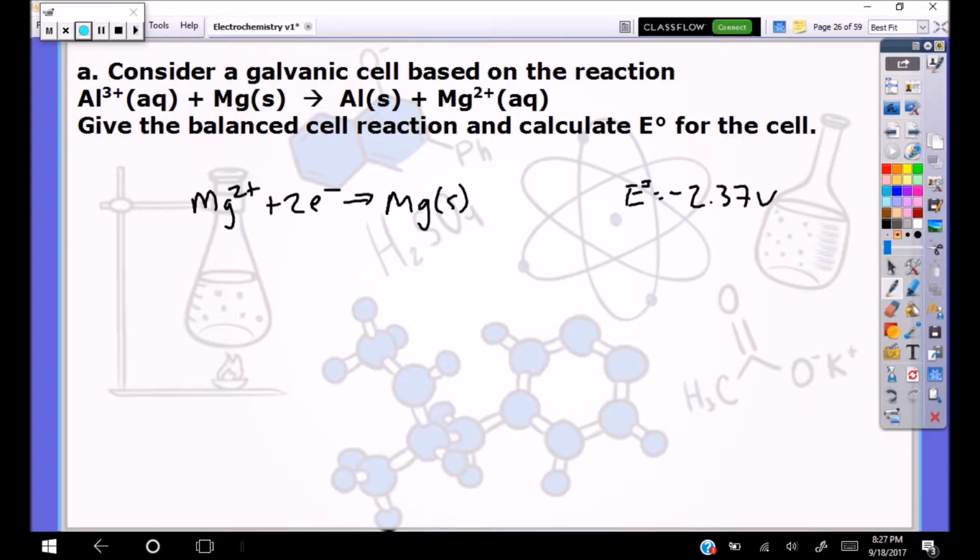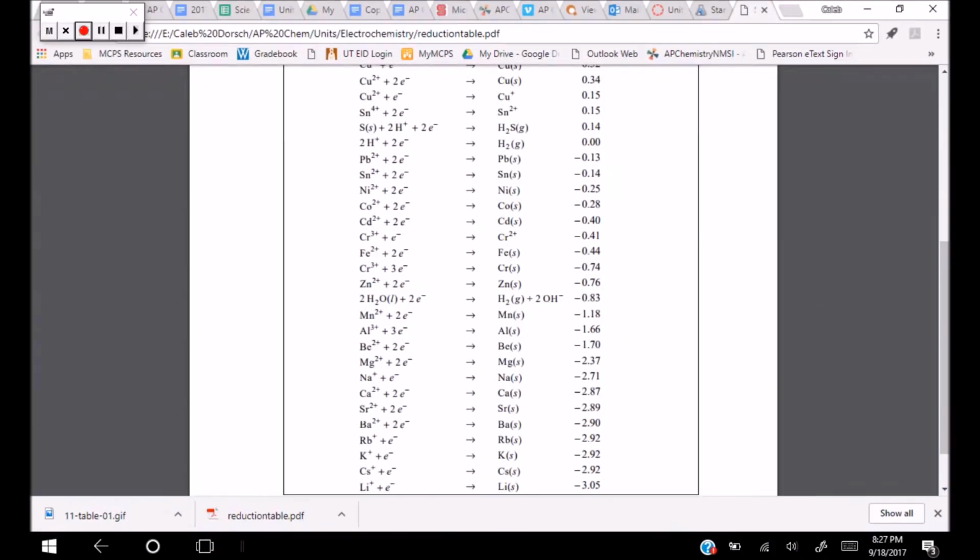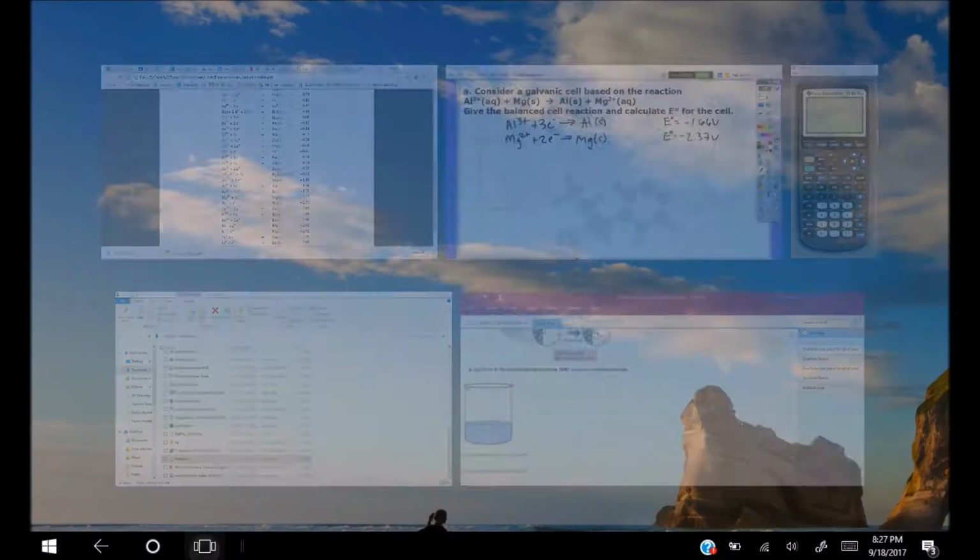And the other one we had, which is on your chart, please refer back to it, Al3 plus, 3 electrons, and you get Al solid. And that cell potential was negative 1.66 volts. And that came from our chart. It's actually right above the magnesium 2 plus.